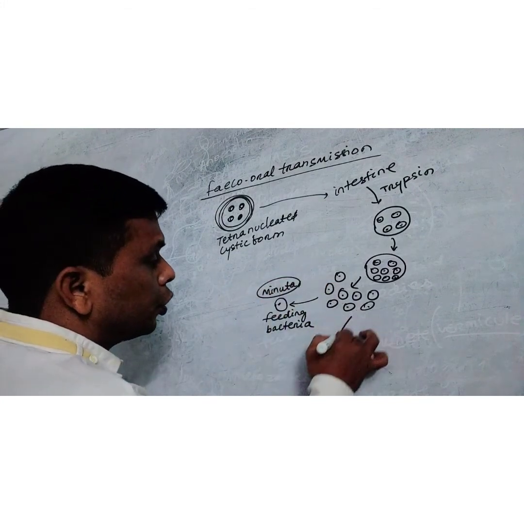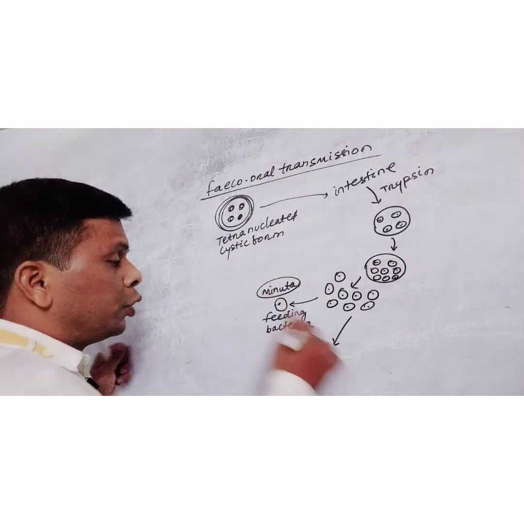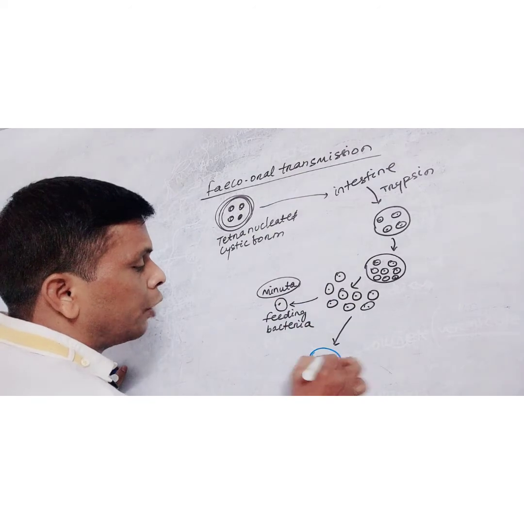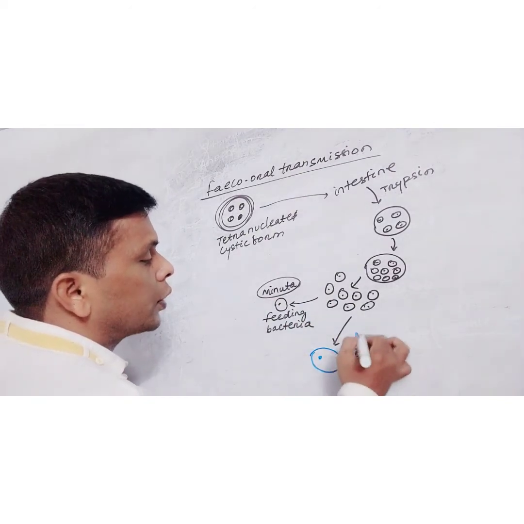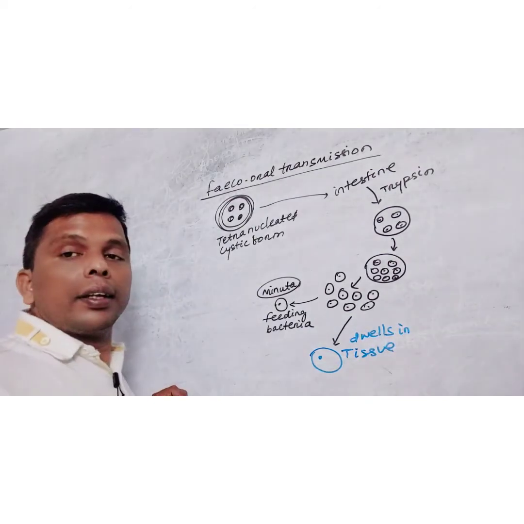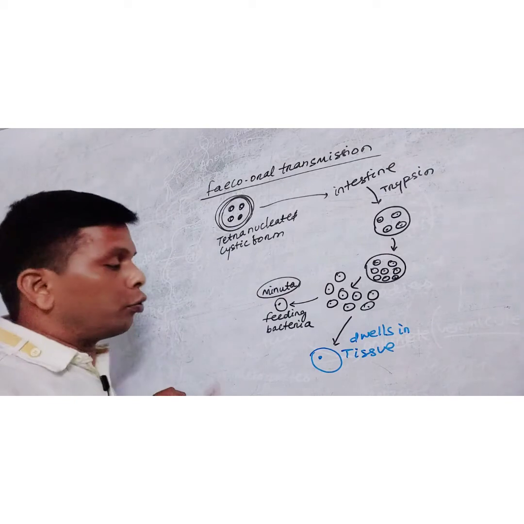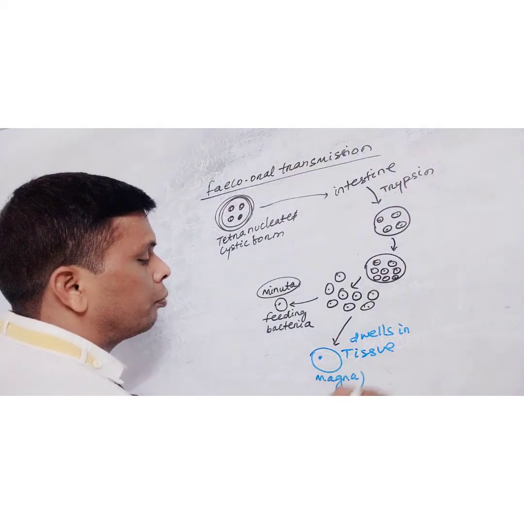Some others invade into the tissue and dwell in the tissue. That means the tissue dwelling form. It is called the Magna form.